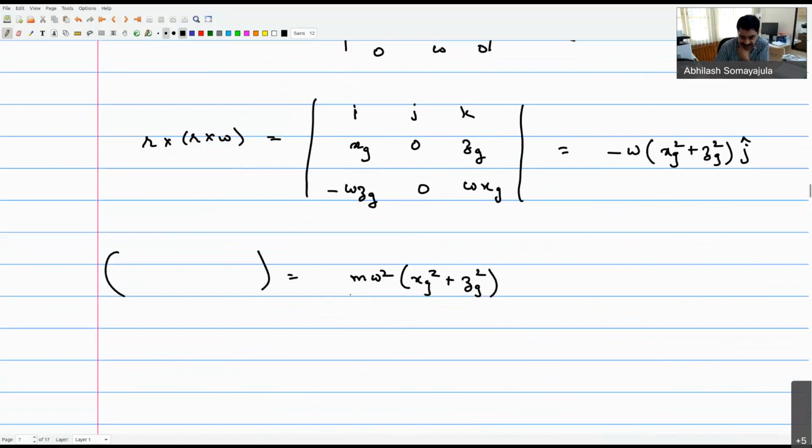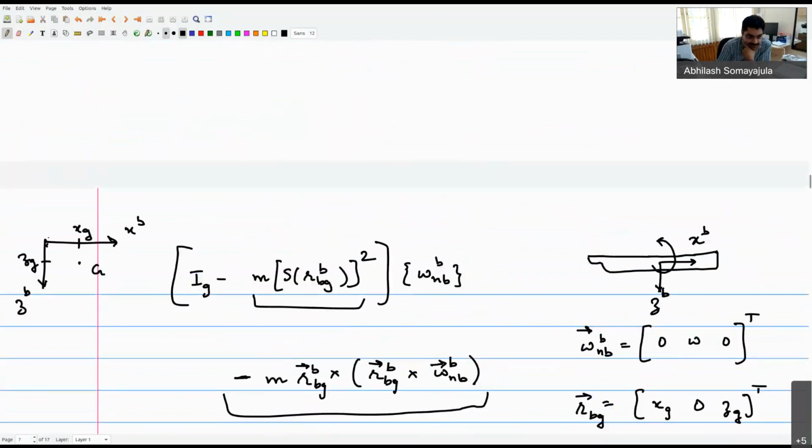And how much am I adding? M omega square r square. Okay, so I'm basically computing the distance of the new axis from the current axis, which is the square root of x square plus z square, and I'm doing m omega square r square, where r square is xg square plus zg square.